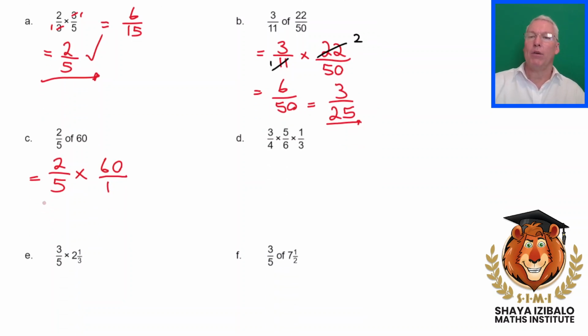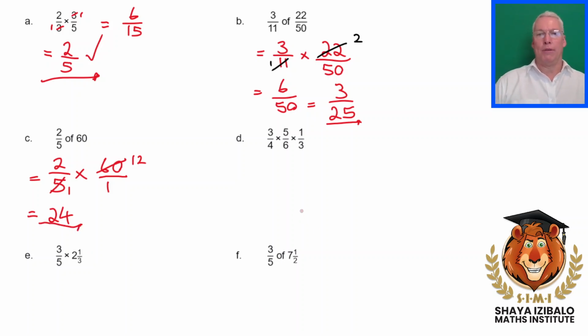Now, we could do some simplification here because, in fact, we can divide the bottom by 5 and we can divide 60 by 5 and it goes in 12 times. Final answer here, 24 over 1. We wouldn't write 24 over 1. We just write 24.